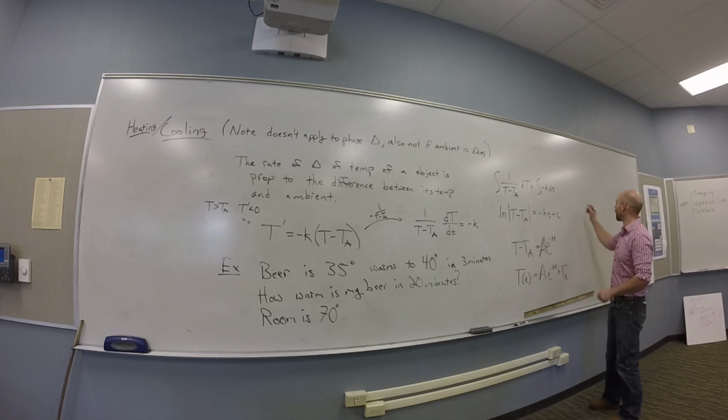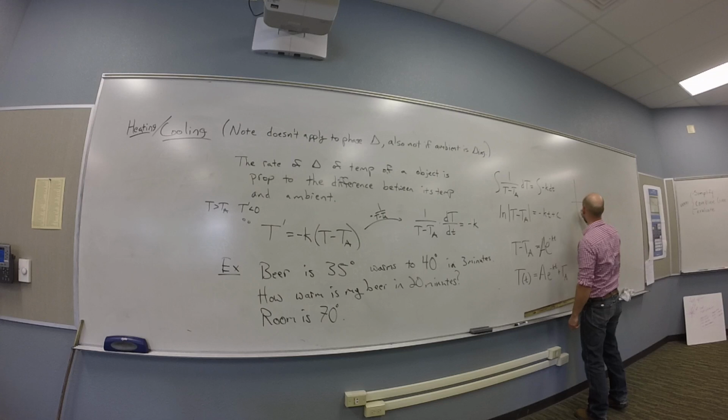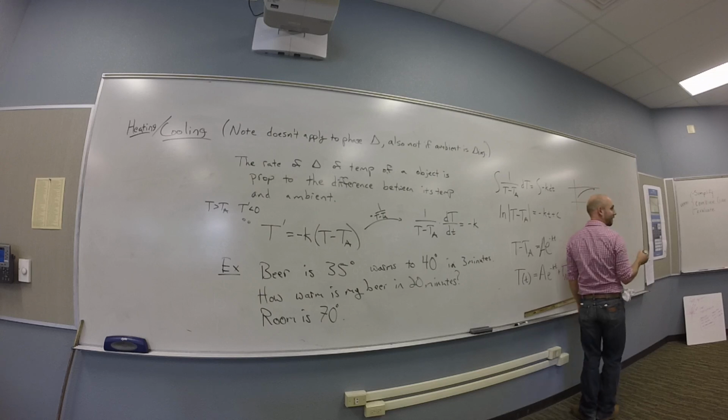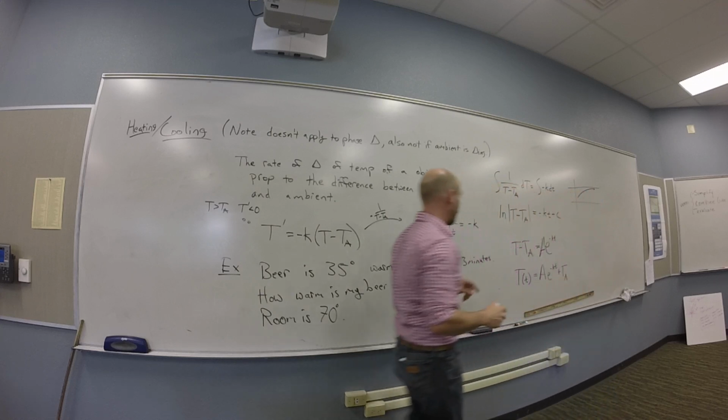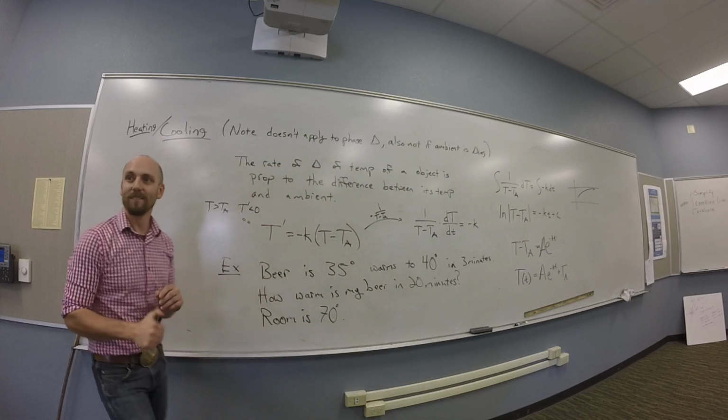If I had to draw the curve, here's room temperature, and it probably goes like that. It looks an awful lot like an exponential curve. So probably that's what's up. Okay, cool. How would I check that?